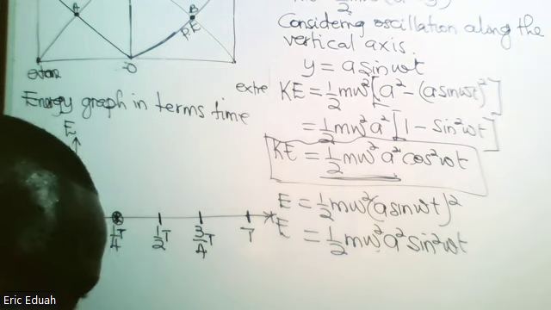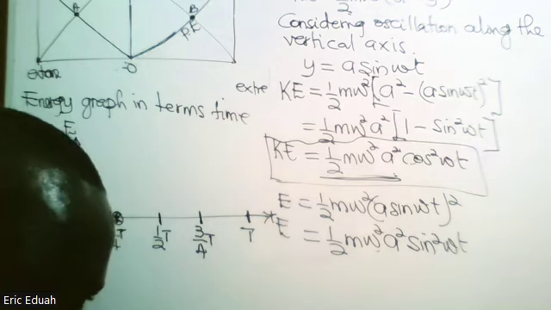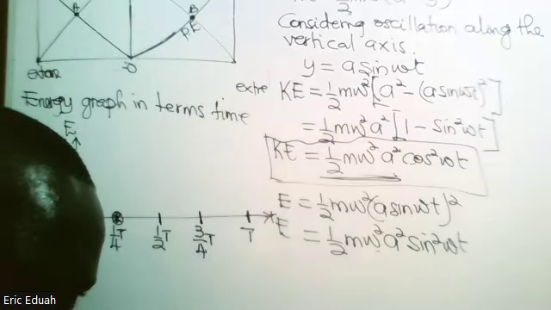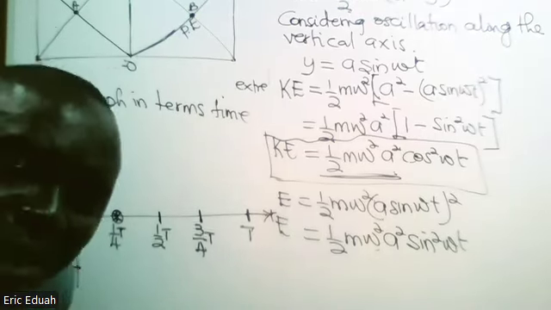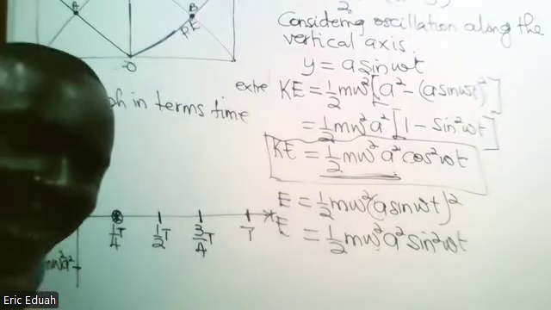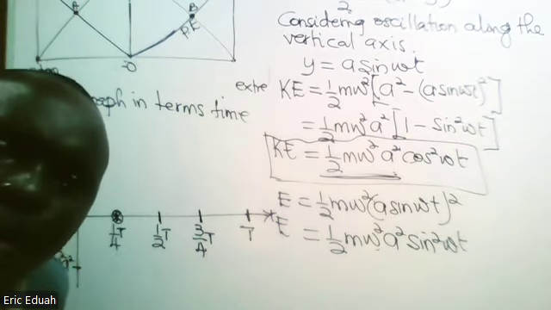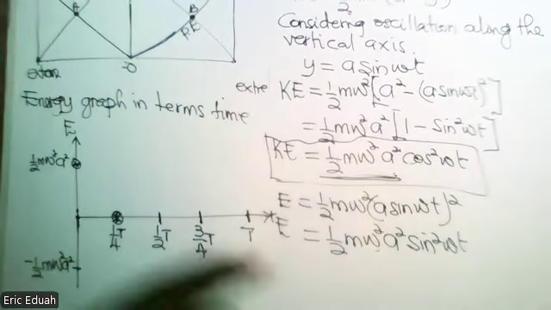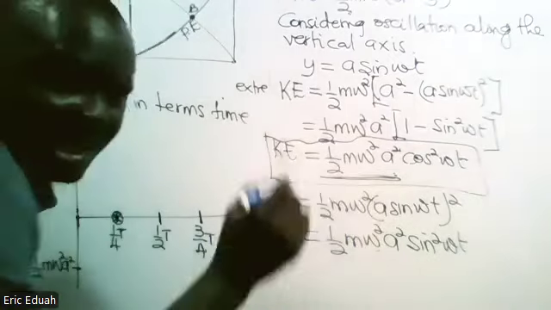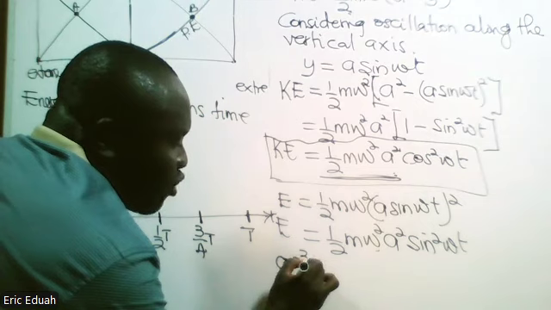It will be positive. Look at it. We have cos squared omega t.